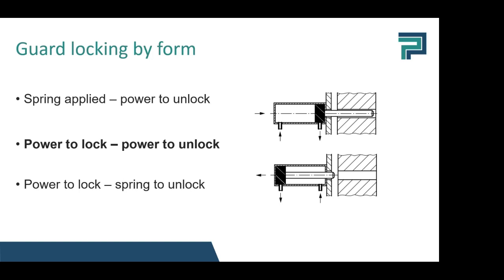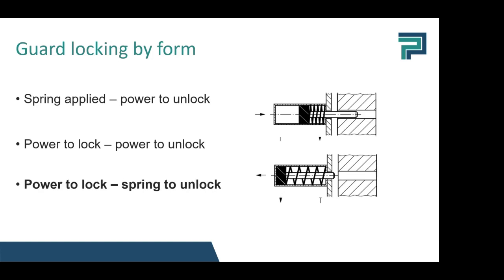The second is power to lock, power to unlock. And in this principle, we have to first provide power to lock the mechanism, and then if power is, in this example, on the other side provided, we can unlock the guard. In this example, you can imagine a pneumatic cylinder.